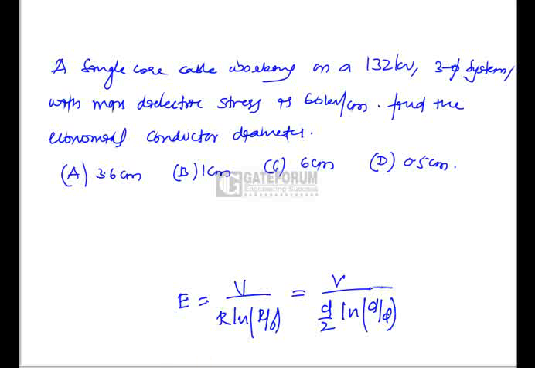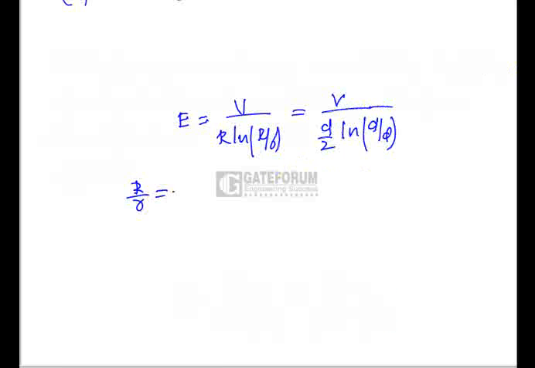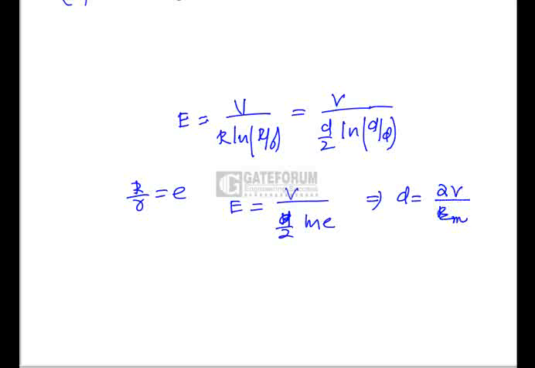Now for the most economical size of the conductor, we know that R by r is equal to e. He has given E is equal to V by d by 2 into ln e. So I can write this as conductor diameter d is equal to 2V by E. This is the maximum electric field intensity.